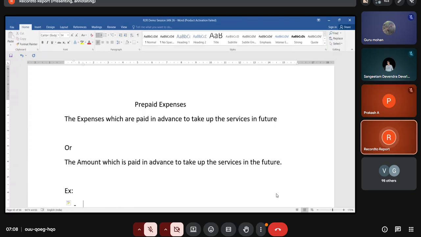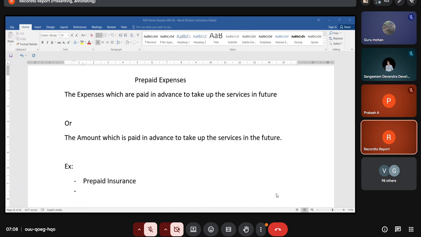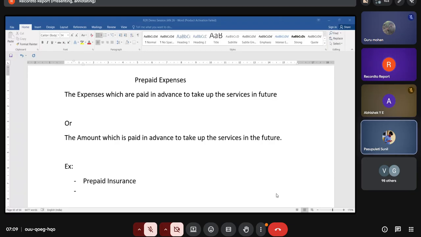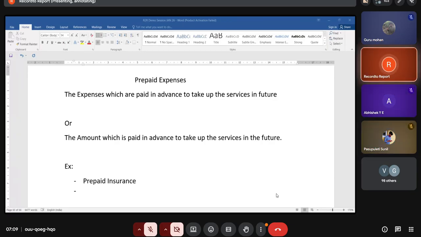Will we pay the insurance in advance or after taking the services? Normally, we will pay in advance. That is called prepaid insurance, like prepaid subscriptions.